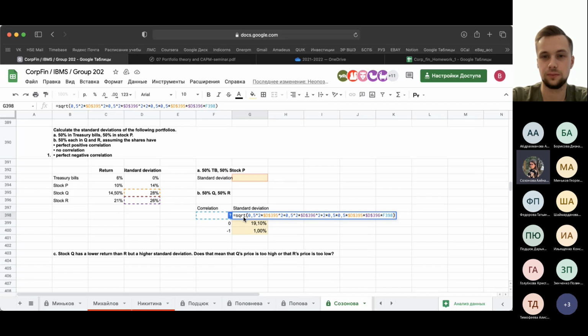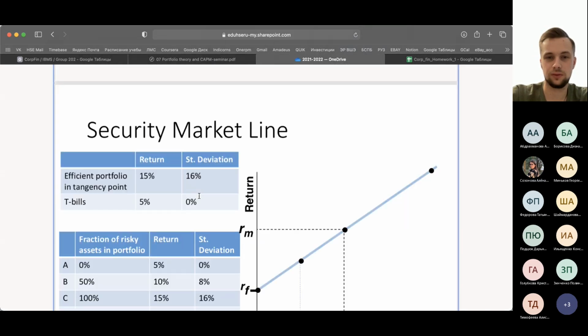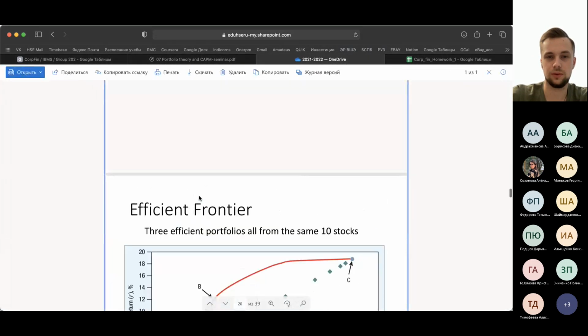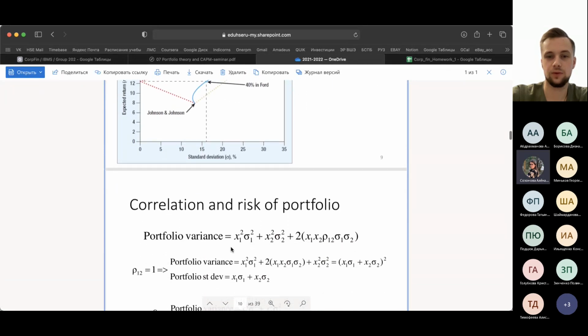We know our shares, and we know our standard deviations, and basically it's the same for all three cells, with the difference in correlation only. But actually you are using, sorry, let me show it. You're using this formula, yes.